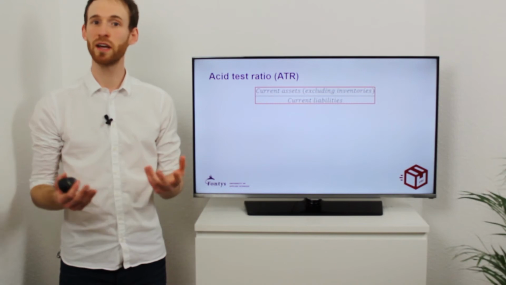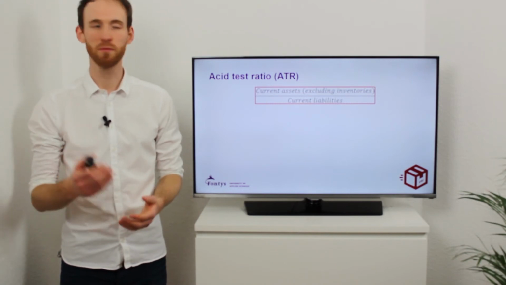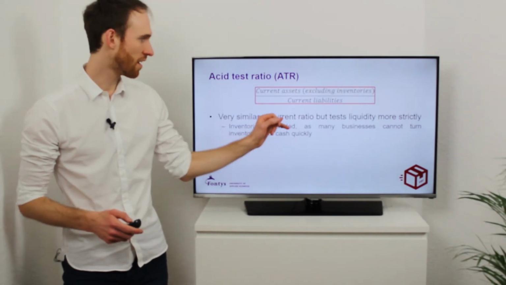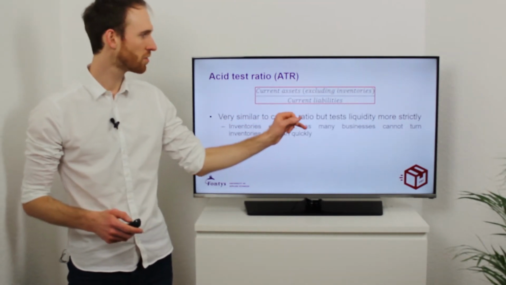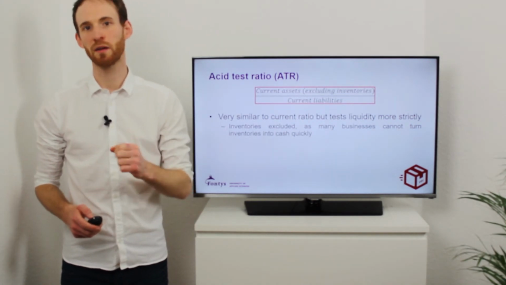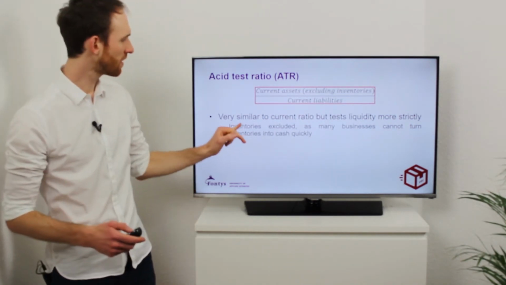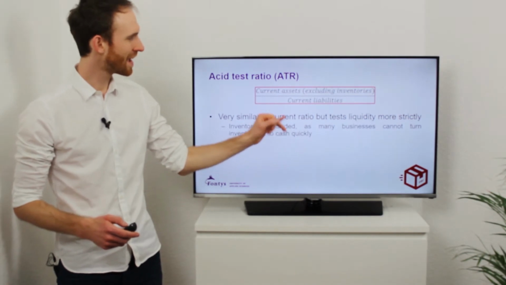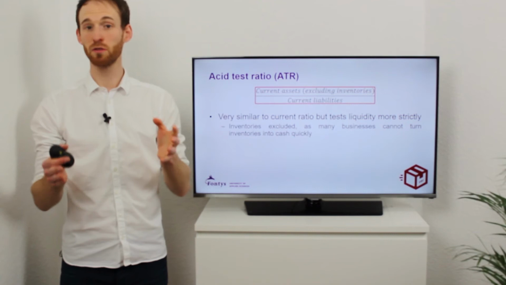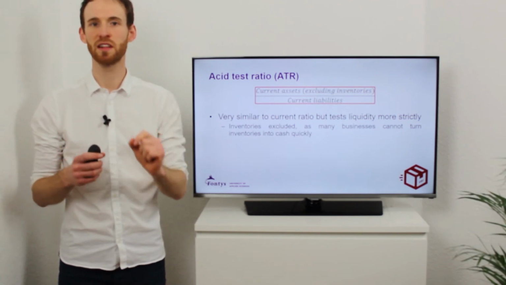Sometimes it's also called the quick ratio, because it is a very similar ratio to the current ratio, but it tests liquidity in a more stringent, more strict way. Inventories are excluded, as many businesses cannot turn inventories into cash very quickly, and so we exclude that to look more closely at the liquidity.